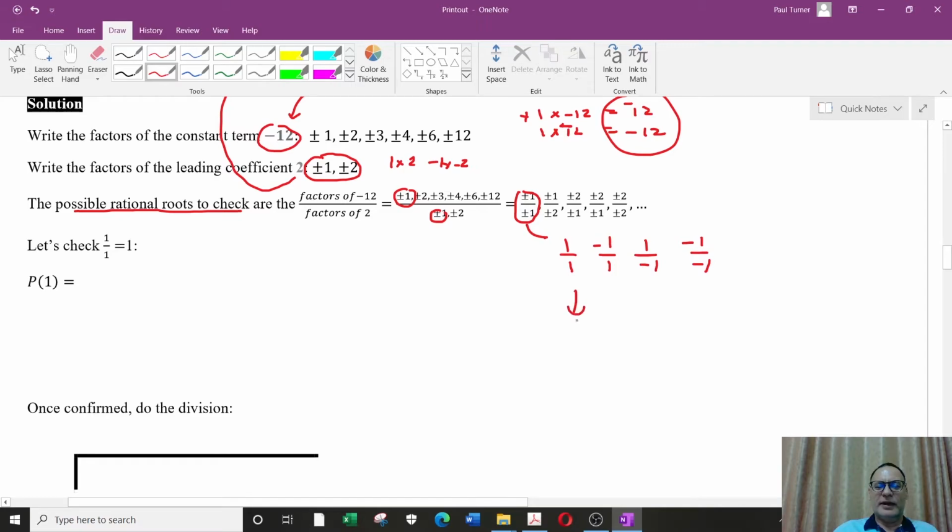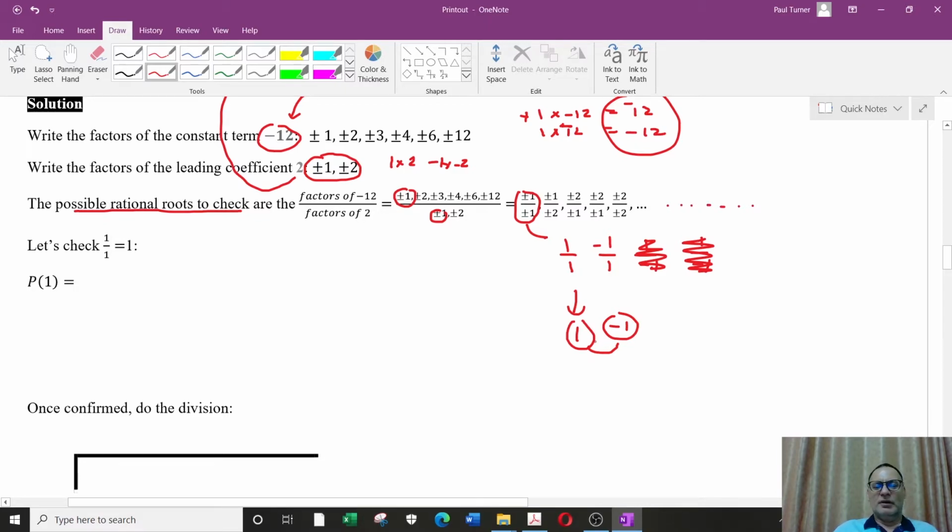So from that, you'll get 1. This is minus 1. These two are the same. This is 1 and this is minus 1. So we don't actually need those two. So here are two numbers that we can try. Then you can keep going. You've got 1 on 2, 1 on minus 2, minus 1 on 2, minus 1 on minus 2, and so on. So I'm not going to write them all down, but you get the idea.